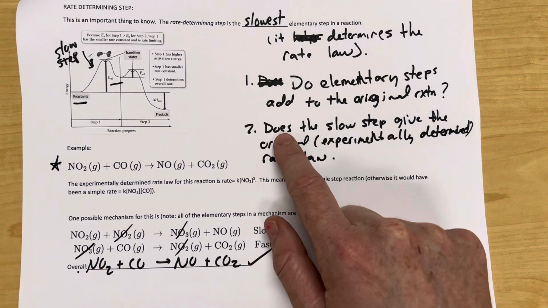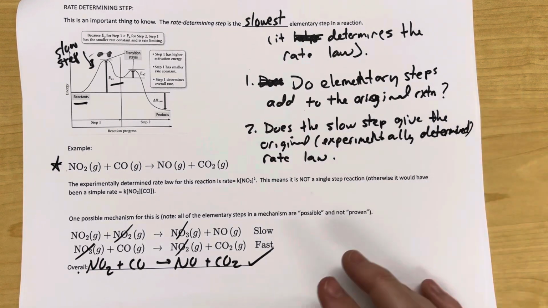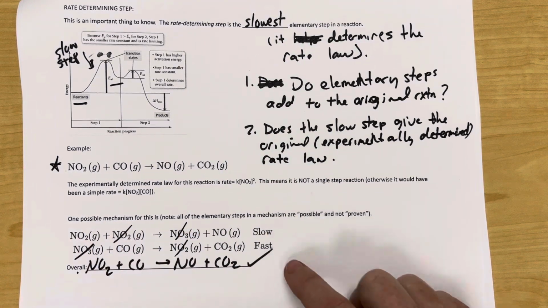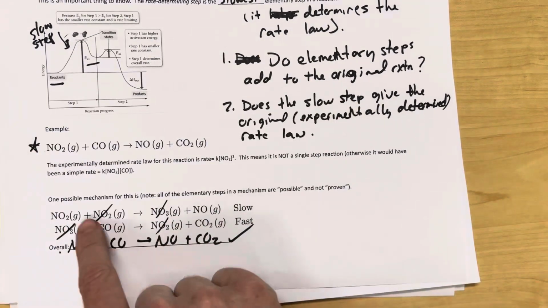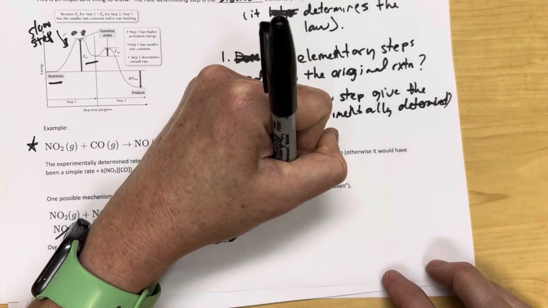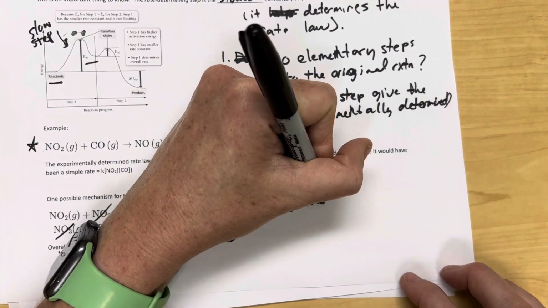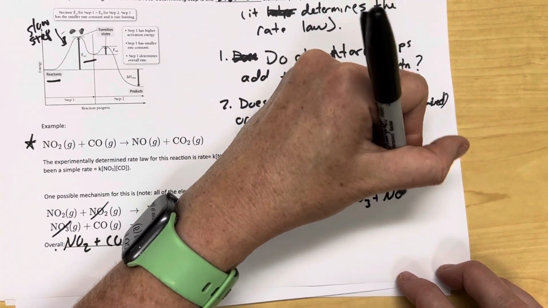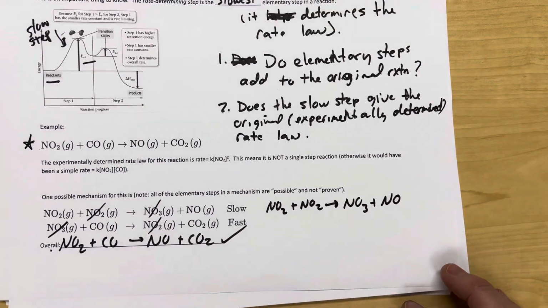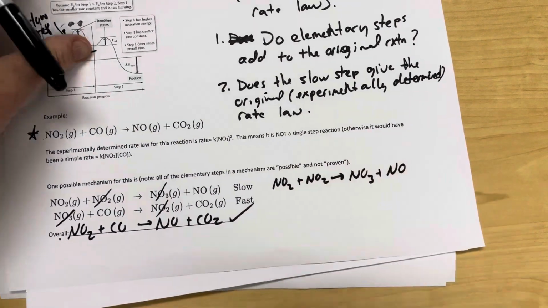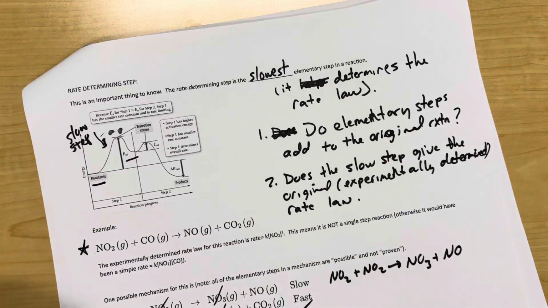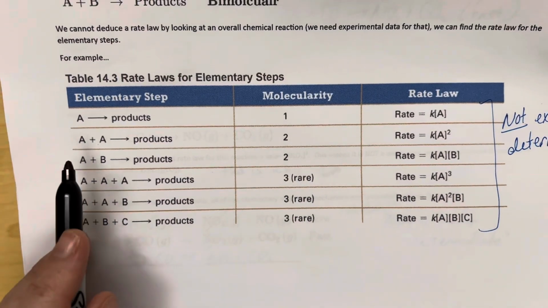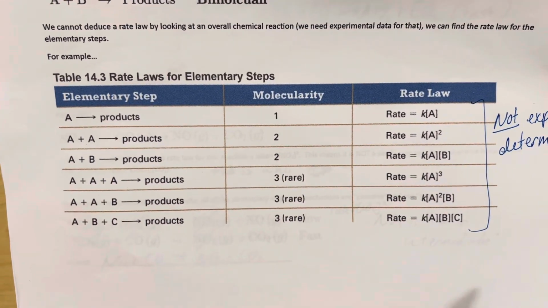Step number two says, does the slow step give the original rate law? So let's look at this slow step. Again, it would be told to you that this was slow. I'm going to rewrite it because I crossed some stuff out. We had NO2 plus NO2 yielding NO3 plus NO. If I asked you to write the rate law for this, much like in this thing we looked at over here, the rate law is not experimentally determined.